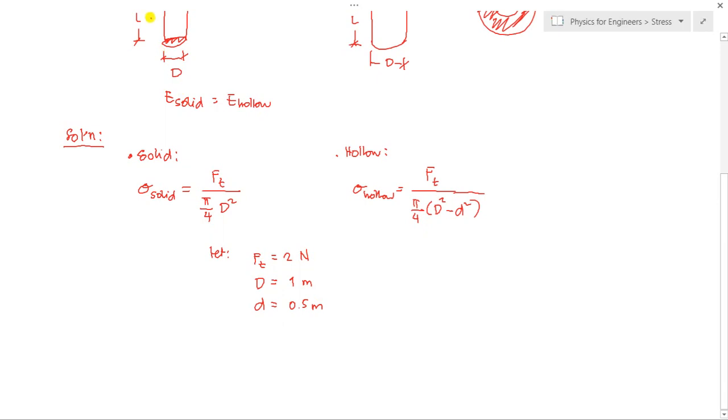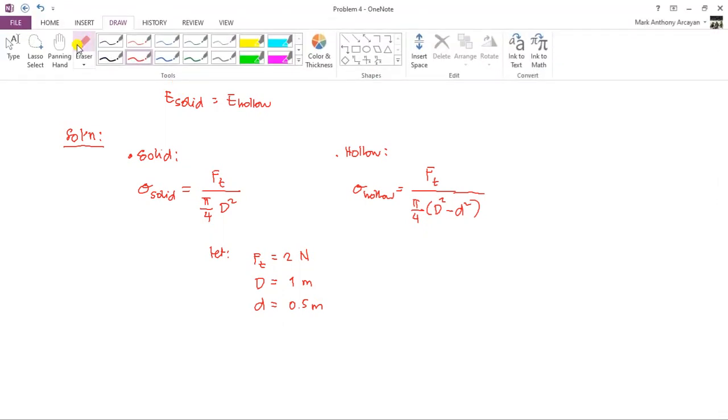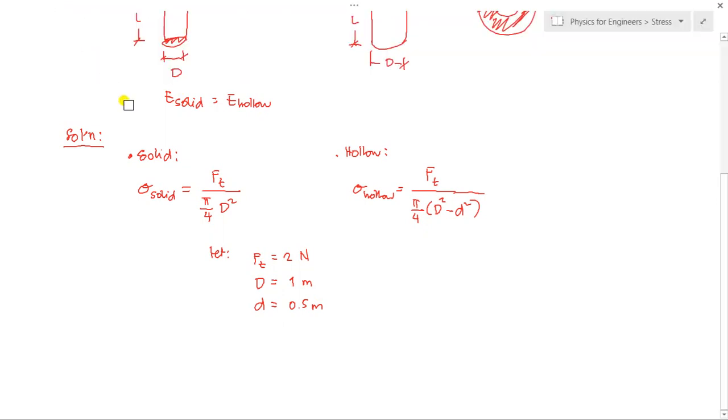Or so that it is not exactly half, 0.75 will do. As long as it has a hole, the hollow one has a hole compared to the solid, which has no hole. So that is 0.75 meter. So what we need to do is substitute to find out which has the bigger sigma value, then that is the winner.